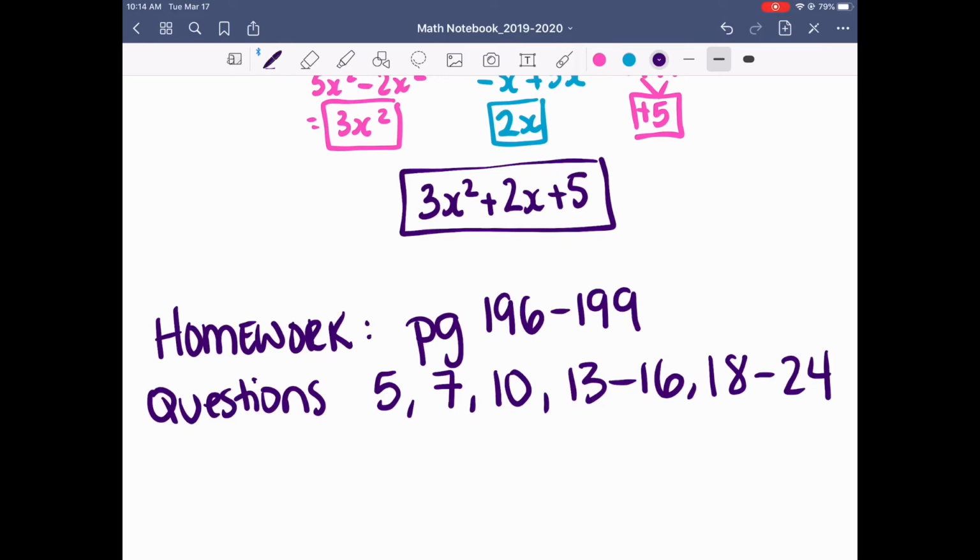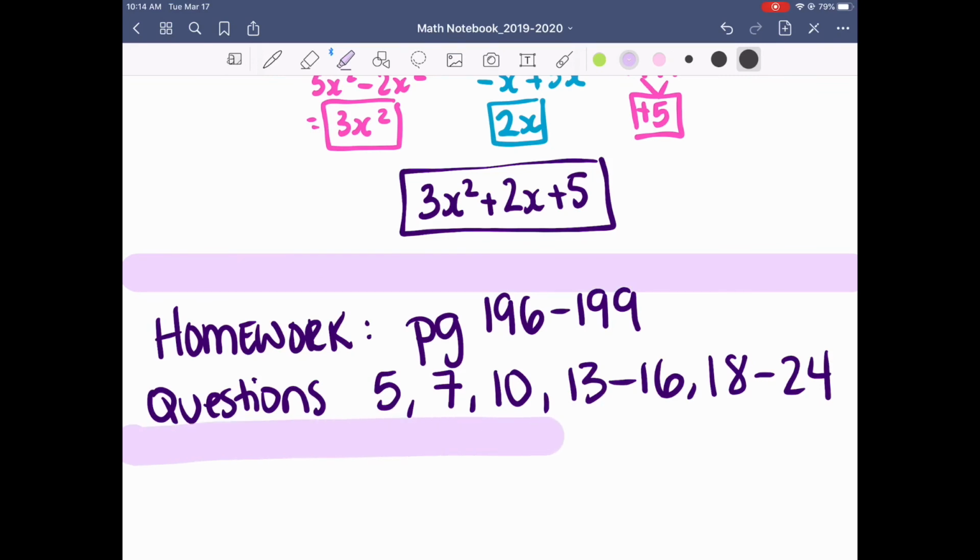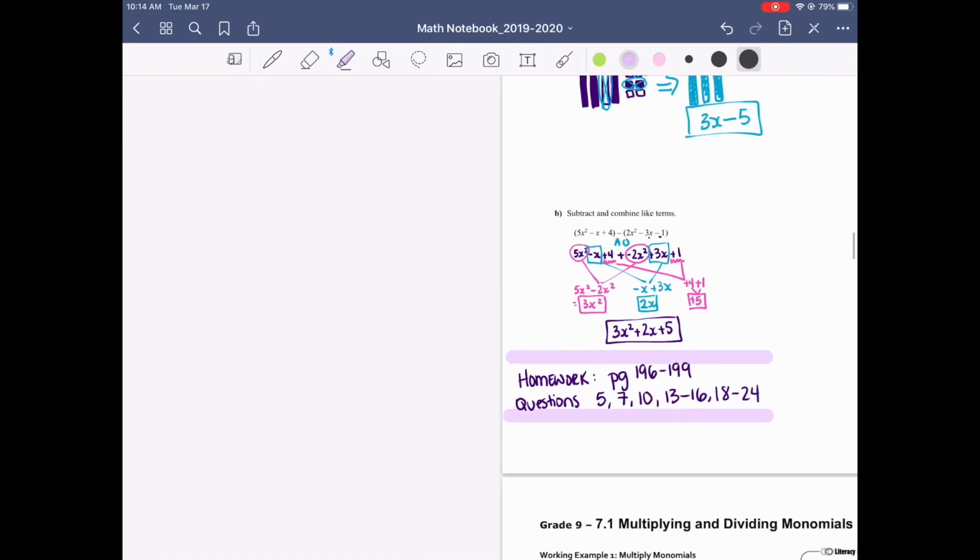Okay, so this is your homework or your work for 5.3, and that's it for 5.3.